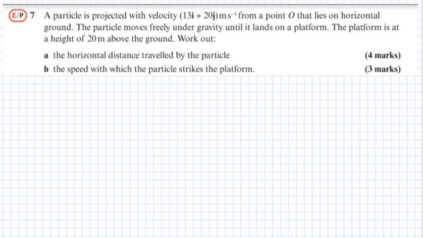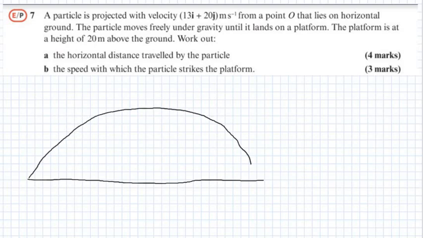Okay, here's the projectile question from the homework. We've got a particle that is projected into the air from point O with an initial velocity of 13i + 20j meters per second.